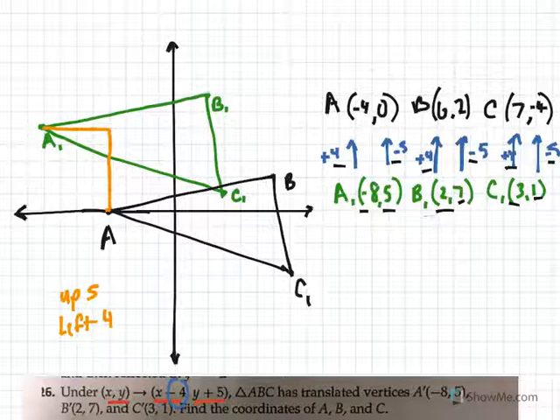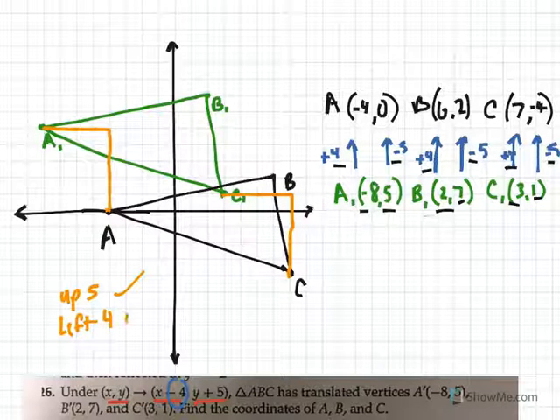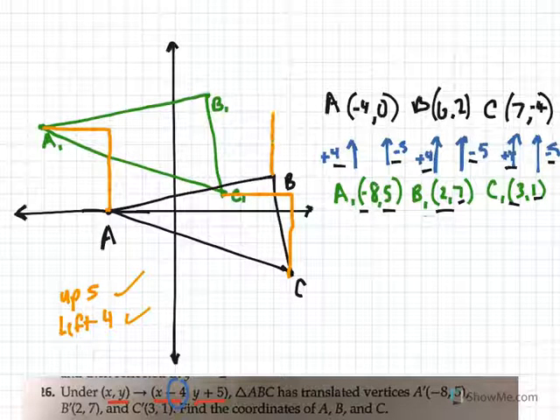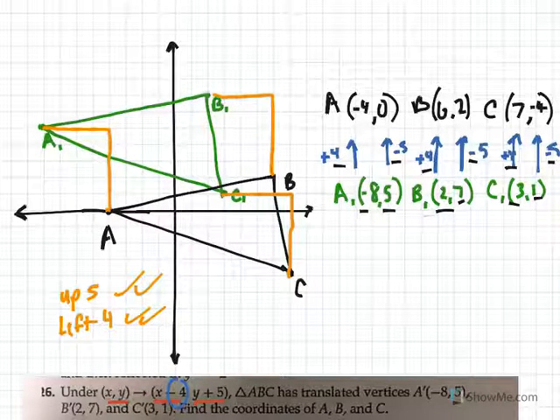To get from C original to C prime, we went up 1, 2, 3, 4, 5, and to the left 1, 2, 3, 4. Up 5, left 4. Perfect. To get from B original to B prime, we went up 5 and to the left 4. Excellent. That reflects the rule.